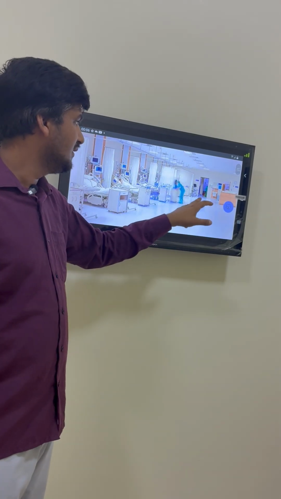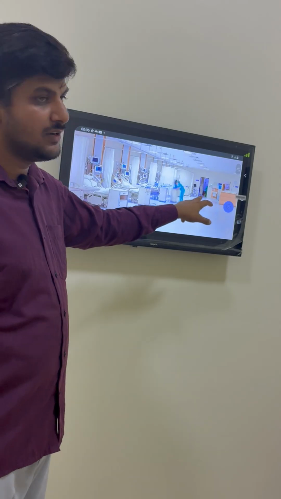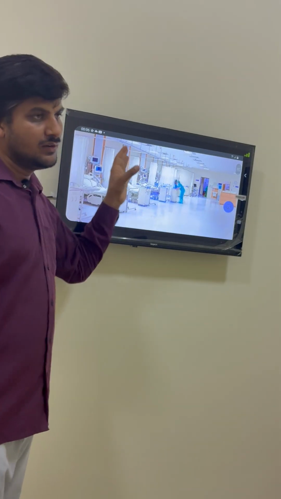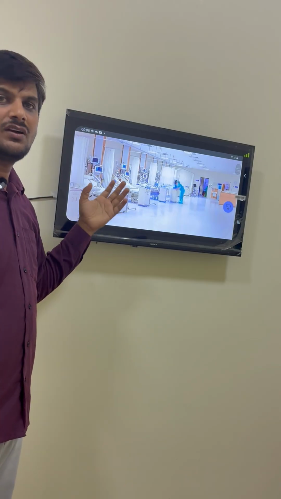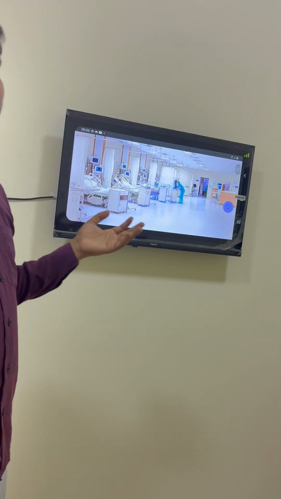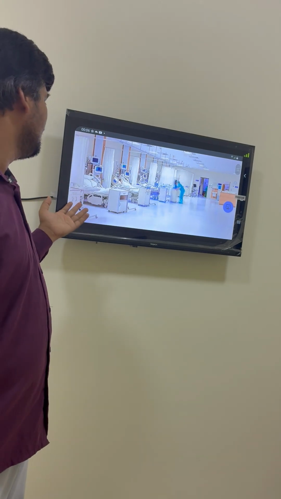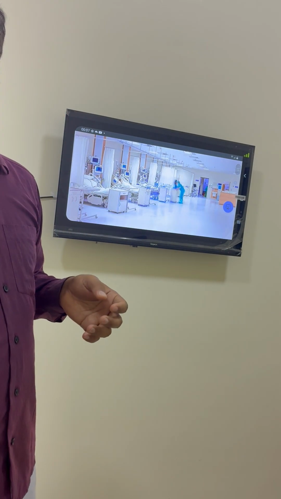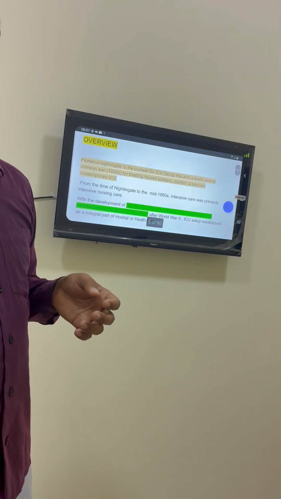Here is the direct utility room. Usually an ICU setup will be like this, and it should contain all the necessary equipment: syringe pumps, infusion pumps, ventilators, and defibrillator, everything should be there. Then we'll go to the introduction.